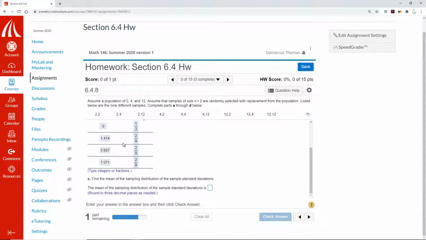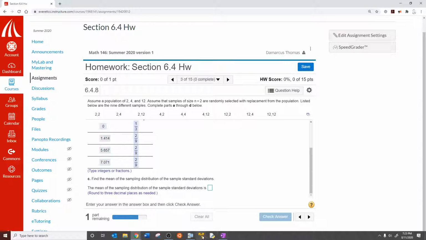There's really 2 ways to do this, because the truth is there's really 3 of these guys. There's 2 of these and 2 of these. So when they say calculate the mean of them all, there's 2 ways to approach this.